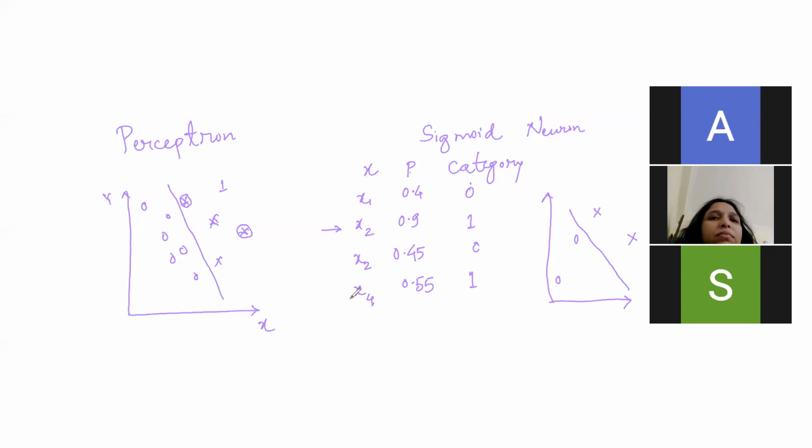Whereas in this case, we are just marginally classifying that this particular point will go to category 1. We are just 55% sure, so this point will be very close to the decision boundary.